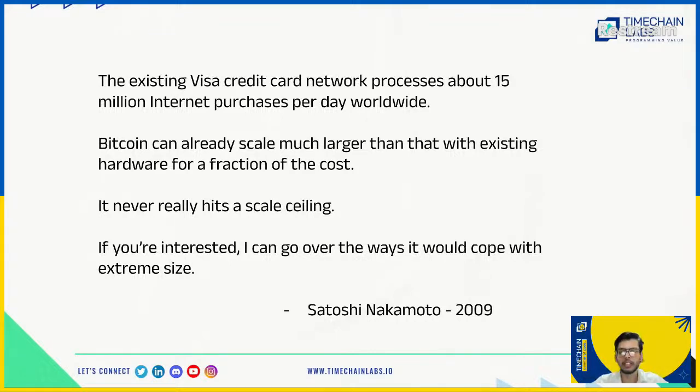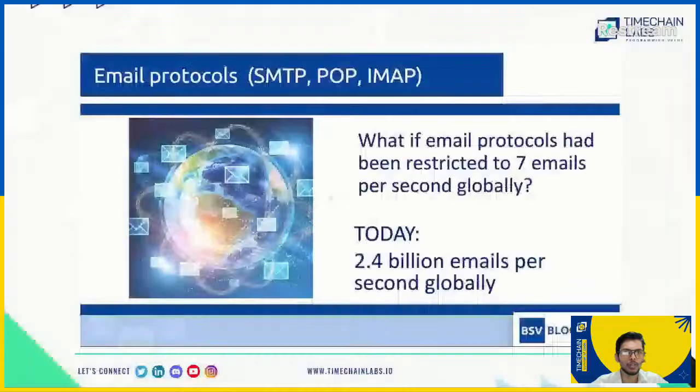That is very contradictory to the opinions of most people in the cryptocurrency space that do not believe blockchains can scale, and that blockchains have a scalability constraint, that there is a blockchain trilemma as well. If you're interested, I can go over the ways it would cope with extreme size, also said by Satoshi Nakamoto in his own words.